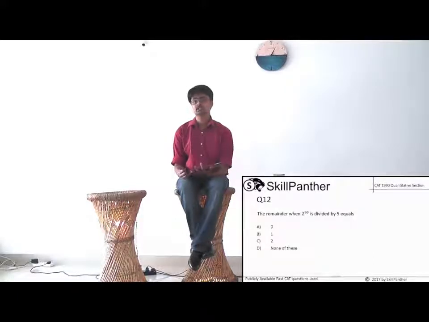Next power, 16, gives a remainder of 1. Next power, 32, okay, it's again giving me a remainder of 2. Next, it's again giving me a remainder of 4. There is a pattern: 2, 4, 3, 1, and then again 2.